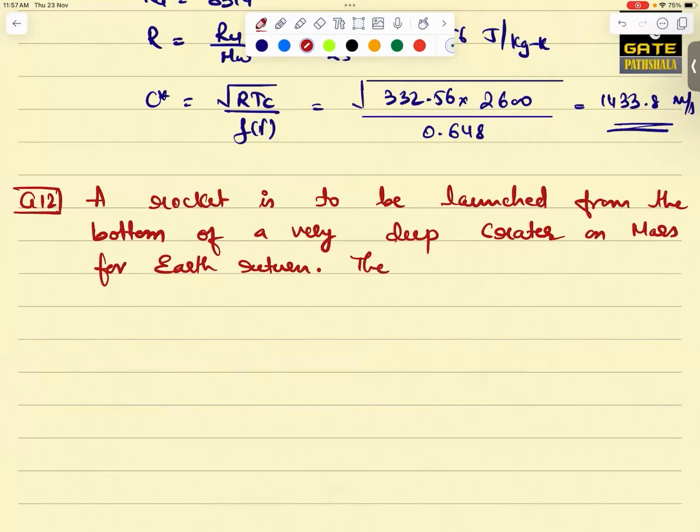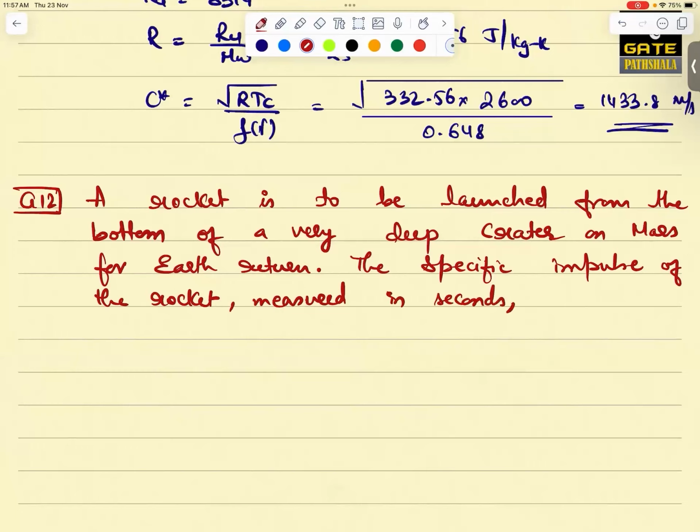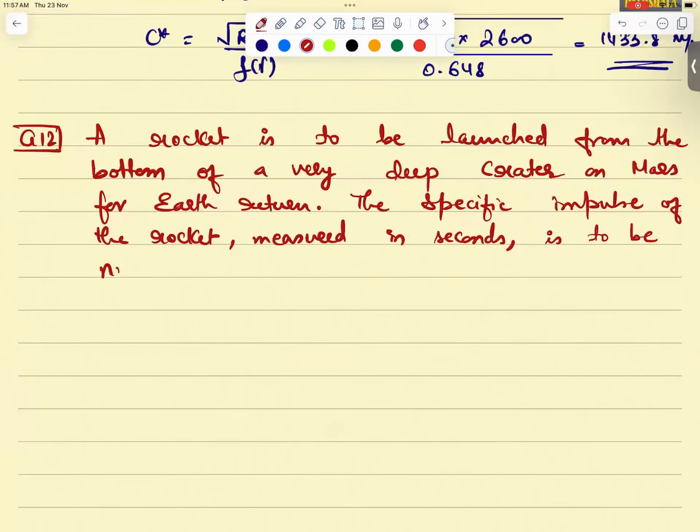The specific impulse of the rocket, measured in seconds, is to be normalized by the acceleration due to gravity.